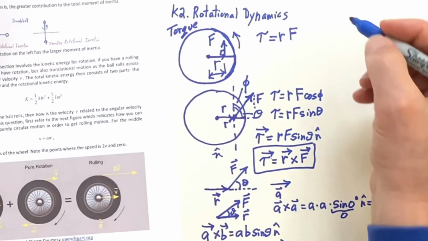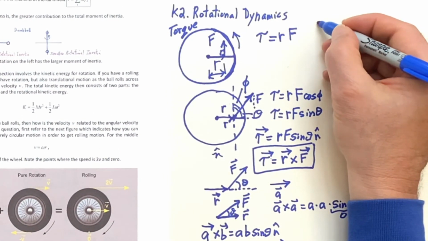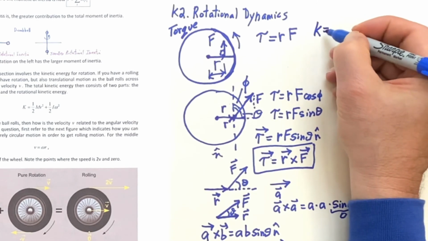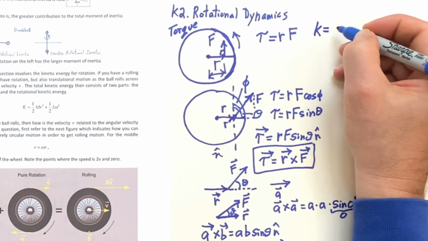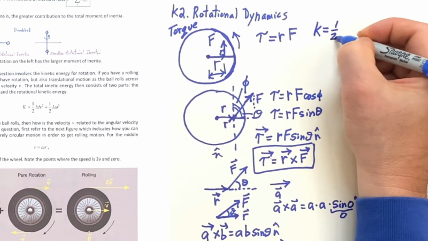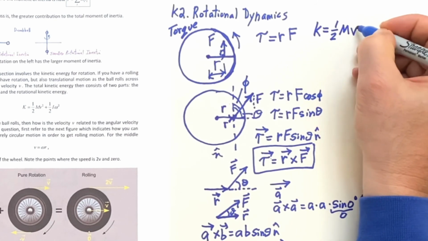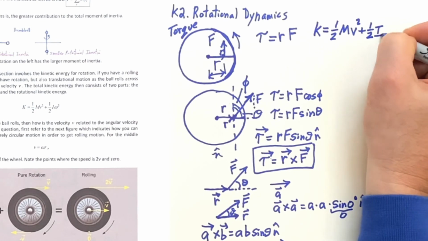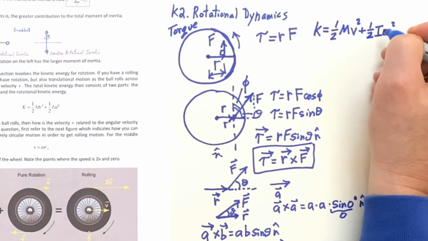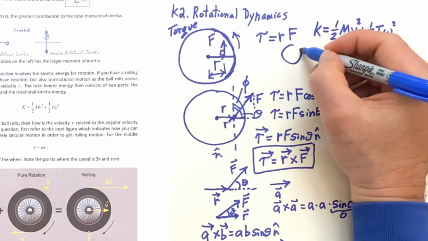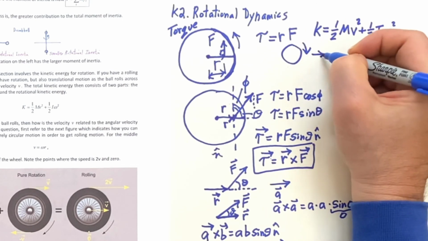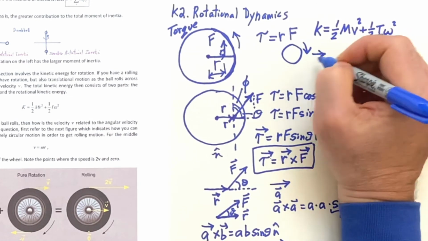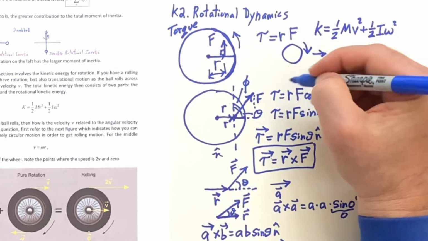Notice though that when you have the rotation of, say, a wheel that's traveling down the road, then you would have 1/2 mv squared plus 1/2 I omega squared, because a wheel that's traveling down the road is moving along the linear direction and also rotating.